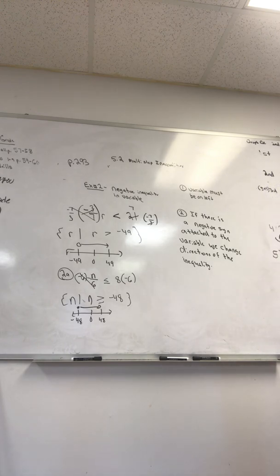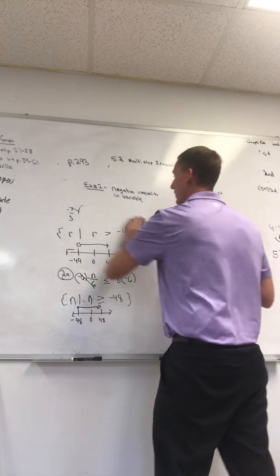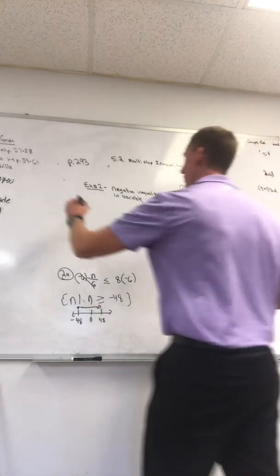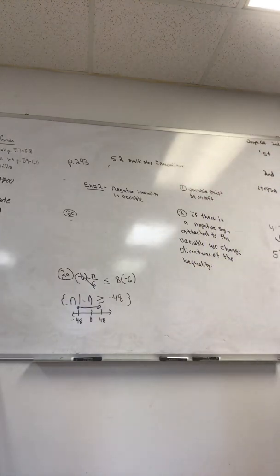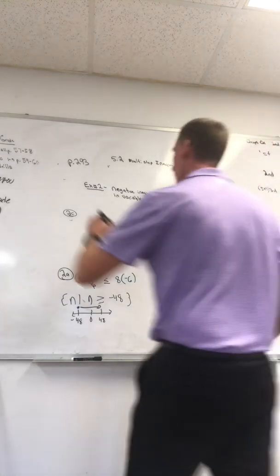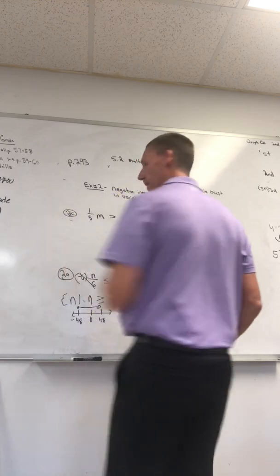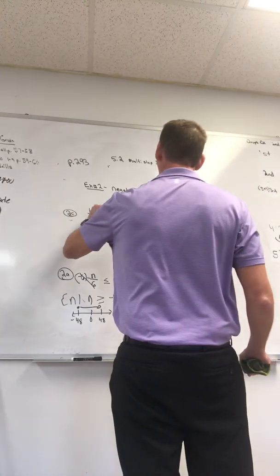Let's try 2c. Let's try 2c. So we'll put 2c up here. 1/5 m is greater than or equal to negative 3.